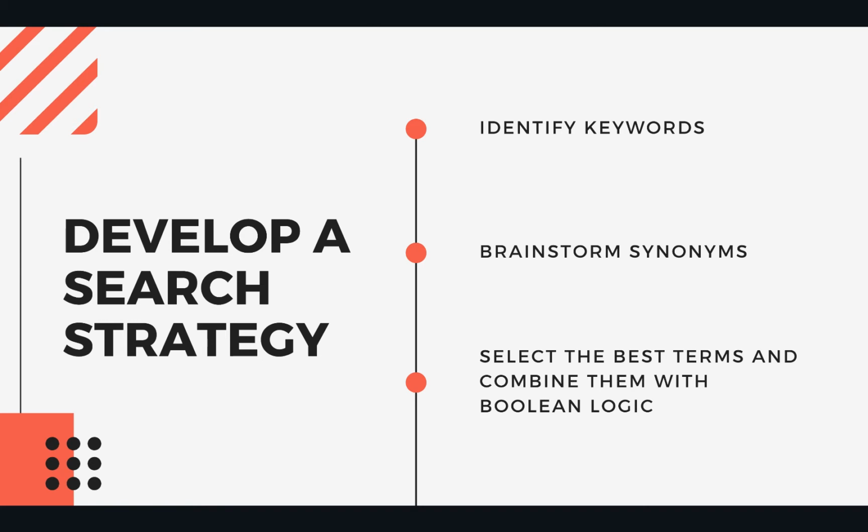So you will need to think of synonyms that go with some of the keywords you have identified. After you've gathered a list of keywords, you will need to consider the best way to combine them. So think about which combinations of keywords would give you effective results in the databases. You will need to consider all three of these strategies as you are beginning the research process.